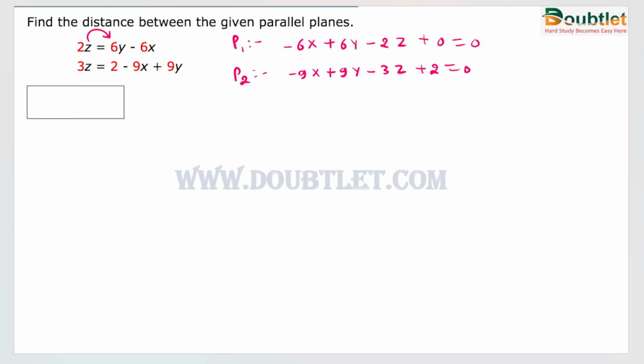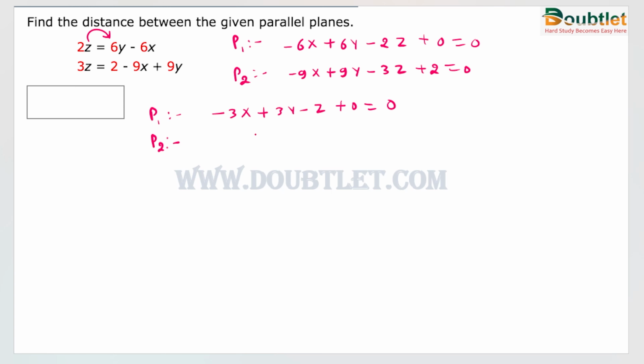Now we have to make sure that the coefficients of x, y and z are equal. To make them equal, we have to take the common term out. Here 2 is common, so we take 2 outside and divide the right hand side by 2, so it remains 0. This becomes -3x + 3y - z + 0 = 0.